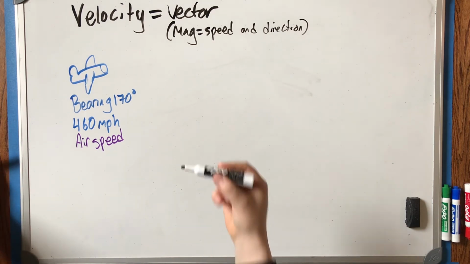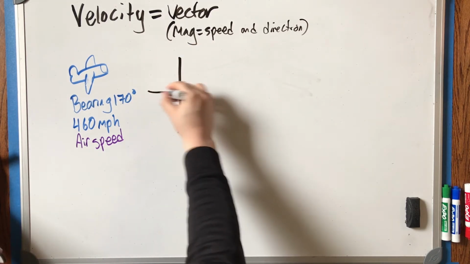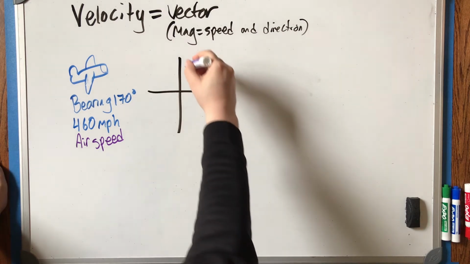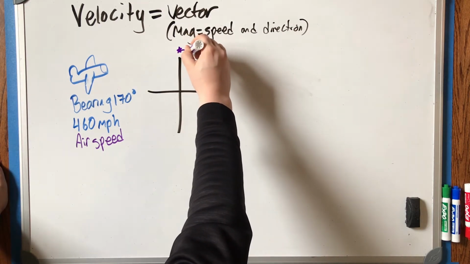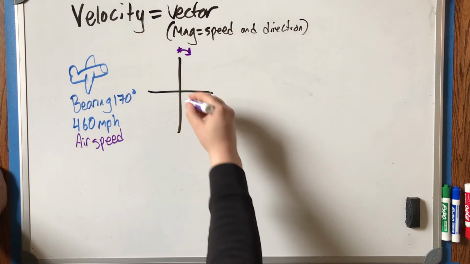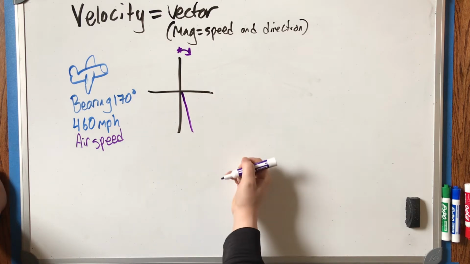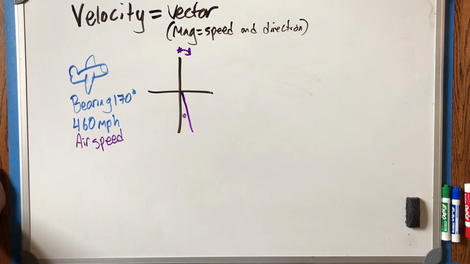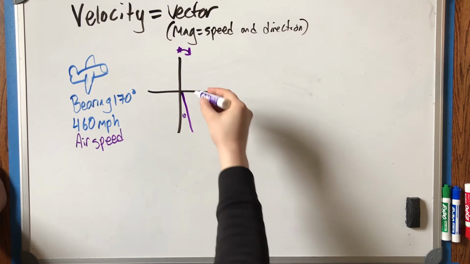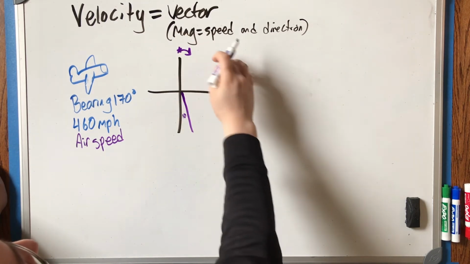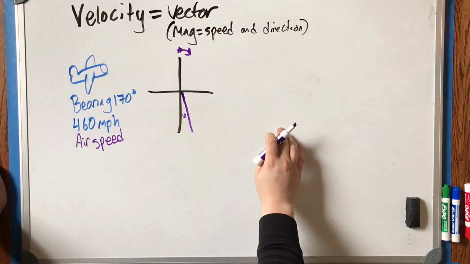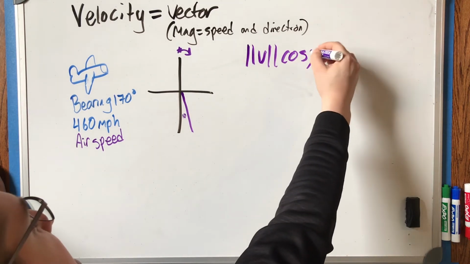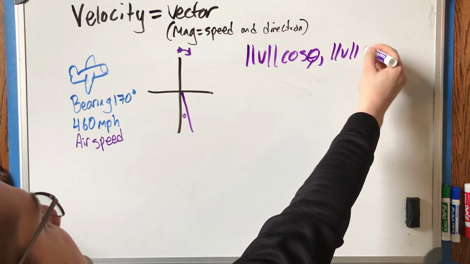First thing I want to do is get a nice visual of where this is. If I have a bearing of 170, remember that bearings start from up here and go clockwise. So 170 is going to be right here-ish, where there's exactly 10 degrees right there. Now, when we want to write a vector for this, we're going to use magnitude cosine theta, magnitude sine theta.